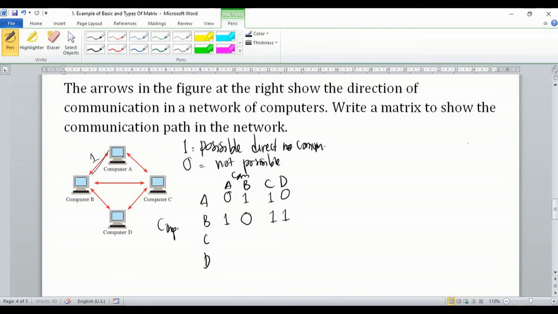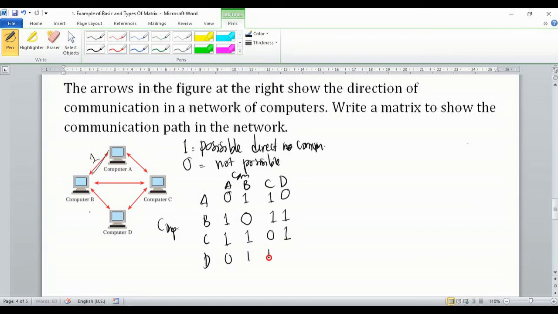How about C to A? C to A, they have connection. How about C to B? They have connection. C to C is 0. How about C to D? Direct connection, I mean. And then, how about D to A? D to A is 0. D to B is 1 from here.